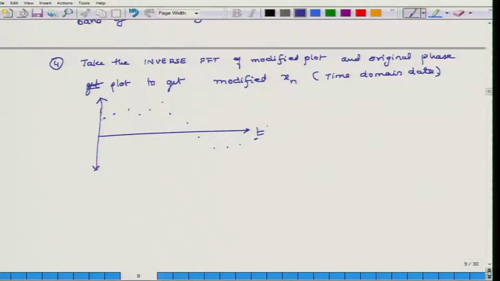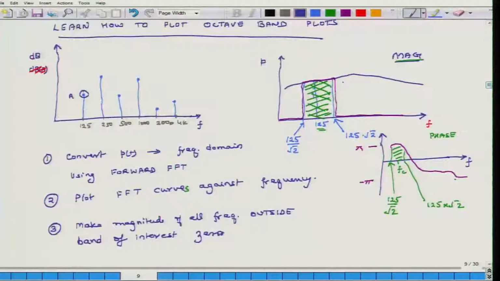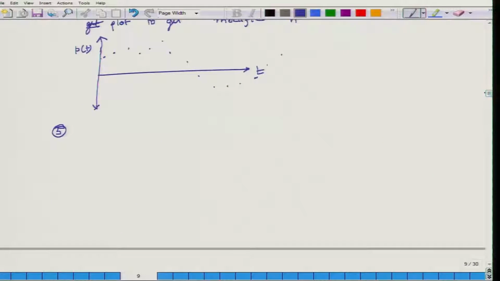I will get lots of points, and the y axis is pressure, PT, and the x axis is time. Now, what do I do? Does this time domain data have energy associated with other frequencies except for this band? It does not, because we have made it 0. Okay.